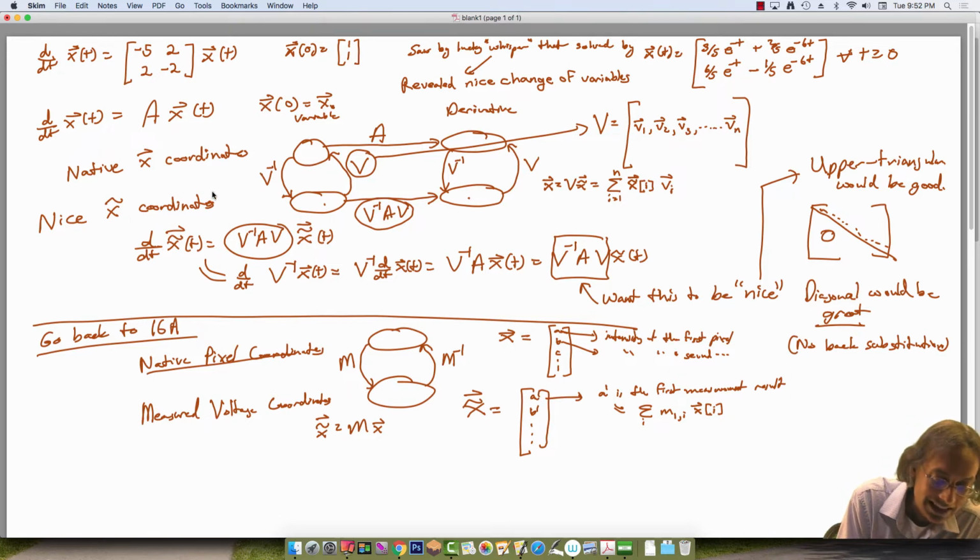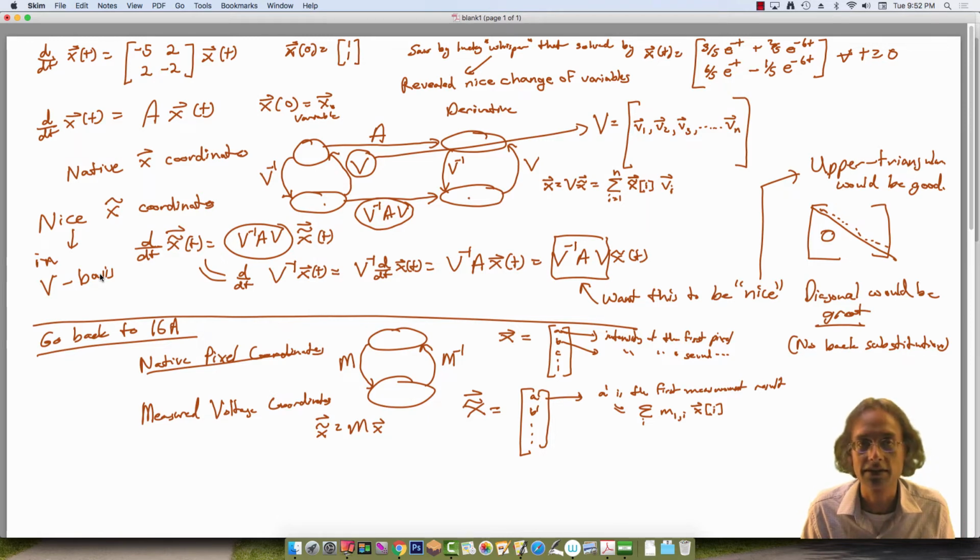So we can view these x tilde coordinates as being in the V basis. When I say that these coordinates are in the V basis, I mean that in order to interpret these coordinates in terms of whatever physical thing you're talking about, you need to use the V basis to go back to the native basis.